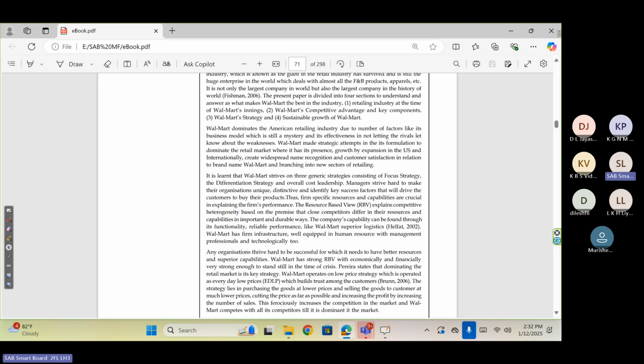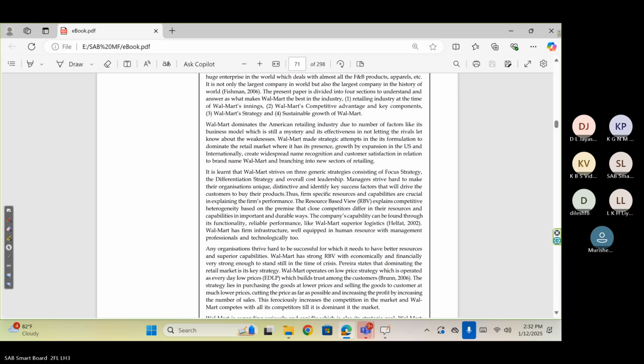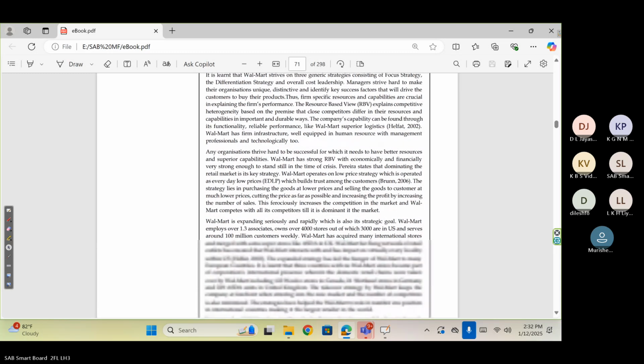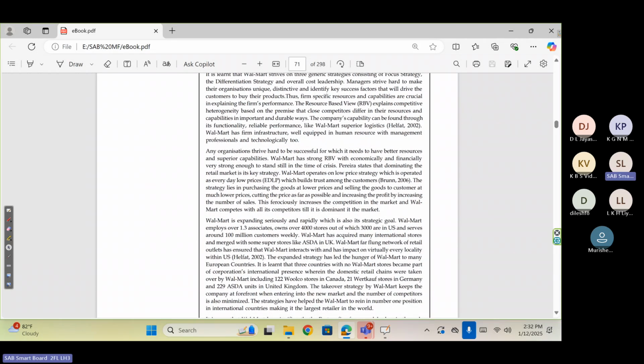The company's capability can be found through its functionality and reliable performance, like Walmart's superior logistics. Walmart has firm infrastructure, well-equipped human resources with management professionals, and technological improvement. These are the critical success factors of Walmart. Any organization strives hard to be successful, for which it needs to have better resources and supply capabilities.